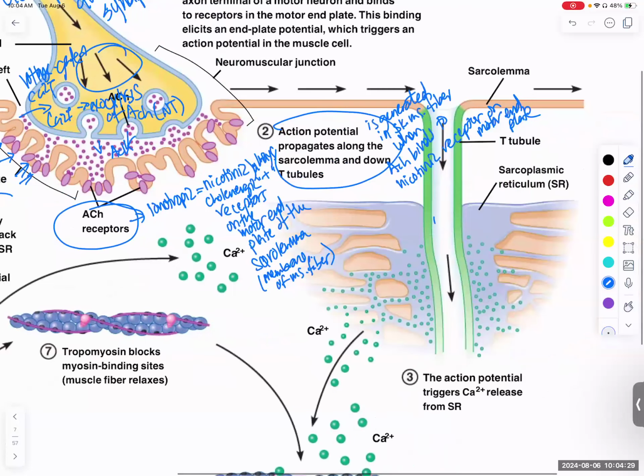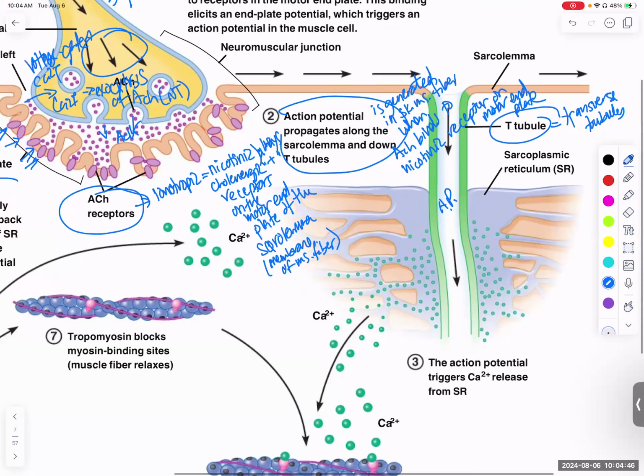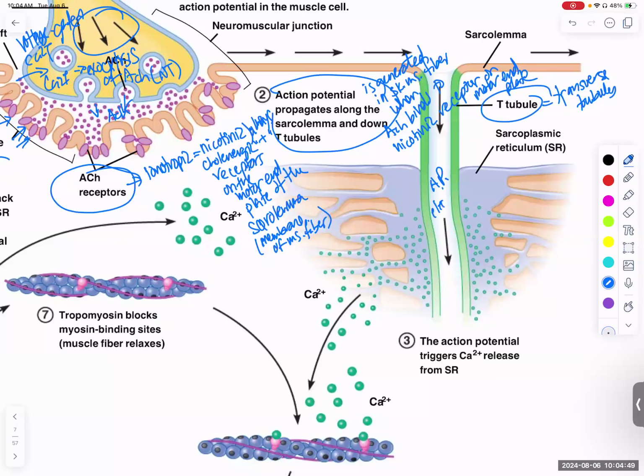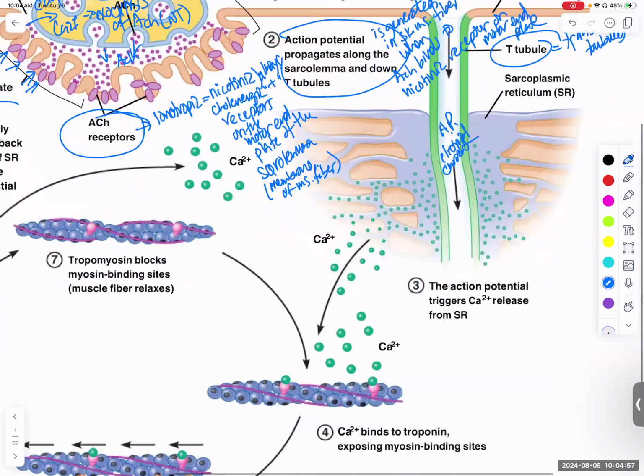Now we have an action potential that has been created, an electrical current, and it's going to travel down the T tubules. T stands for transverse tubule. So now we have an action potential or an electrical current traveling down the transverse or T tubules, at the lateral sacs, where the T tubule meets the sarcoplasmic reticulum.